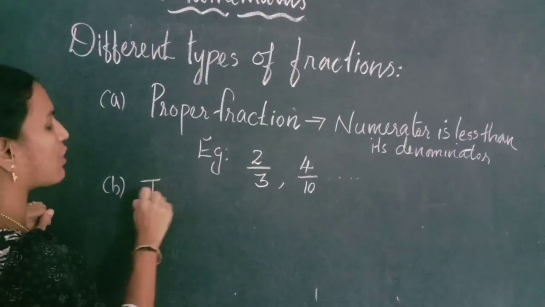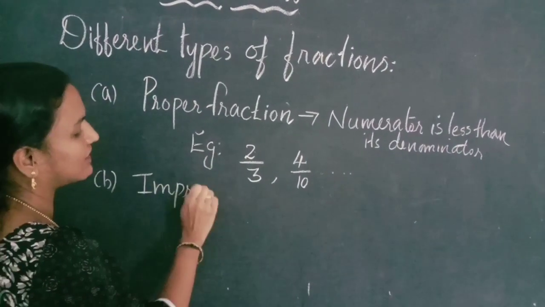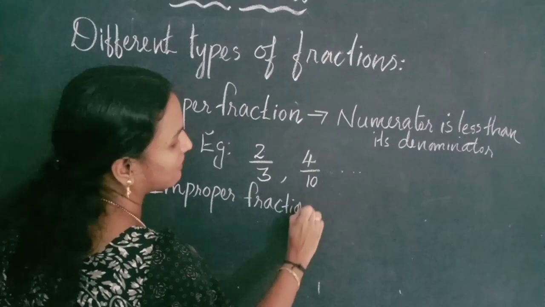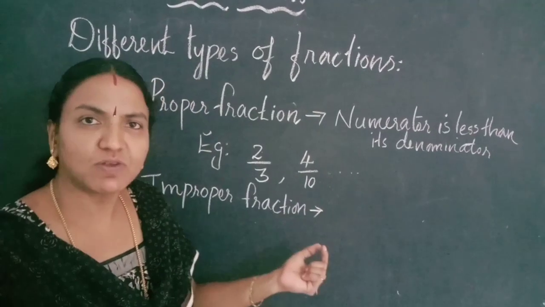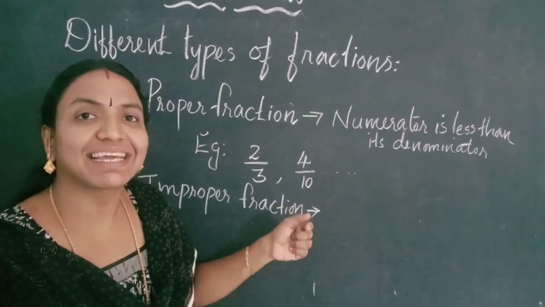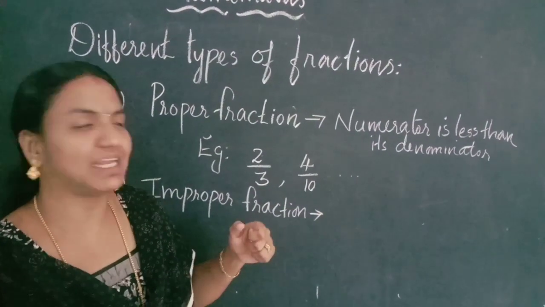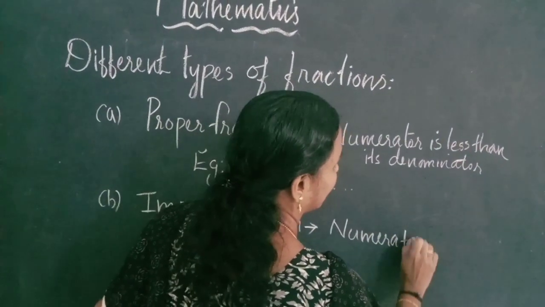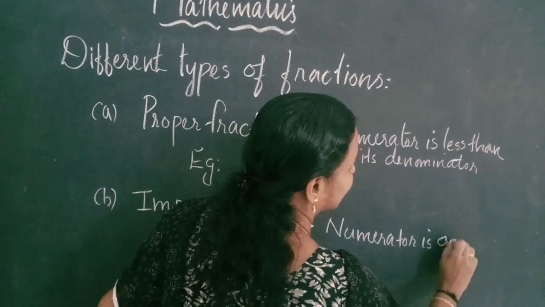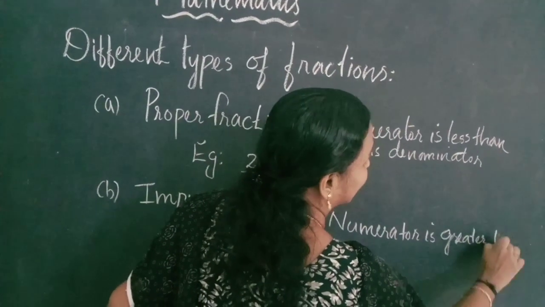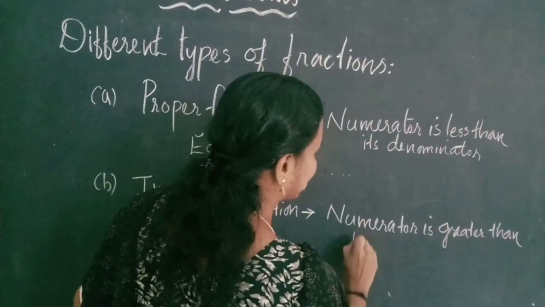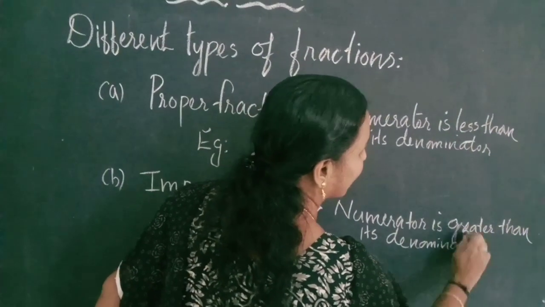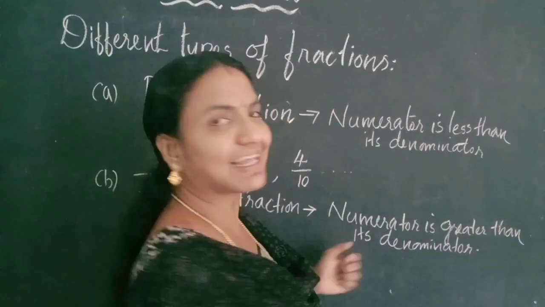Next one, improper fraction. An improper fraction means the opposite: a fraction whose numerator is greater than its denominator.